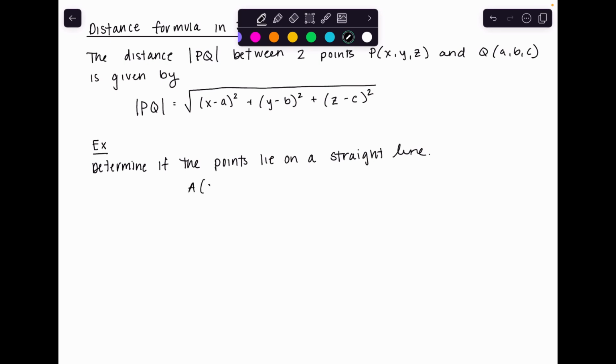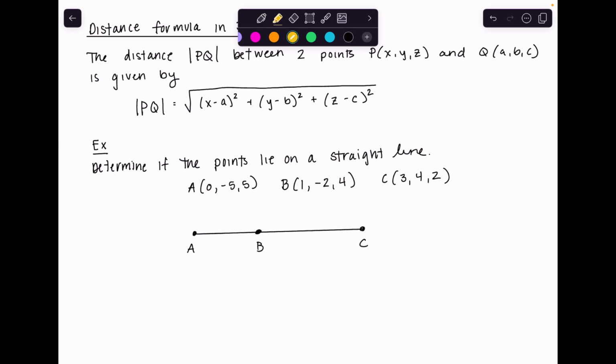So let's say the point A has coordinates 0, negative 5, 5. The point B has 1, negative 2, 4 as its coordinates. And C is the point 3, 4, 2. Okay. So visually, I don't know what these are going to look like in 3 dimensions, and I'm sure not going to sit here and try to plot them. So all I do know is if these lie on a straight line, maybe my point B is right here, it would look something like this.